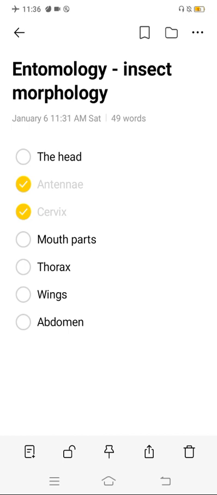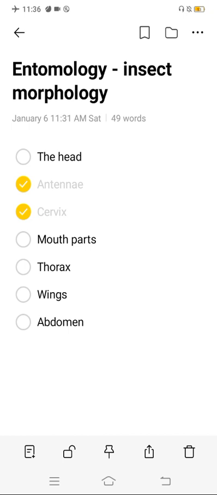The capitate antennae. Nitidulidae, Coleoptera. Capitate.